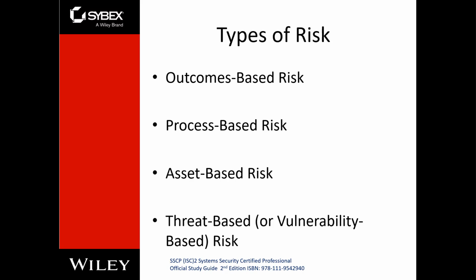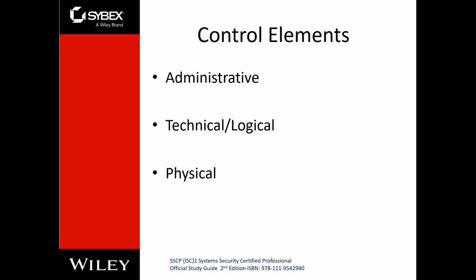We have a few control elements. Typical control elements are administrative, technical or logical, and physical. I know we've discussed these before, but these are equally important, so we're going to discuss them probably several more times throughout the PowerPoints that are coming up. Administrative are more policy in nature. Technical and logical are more of the technical constraints.